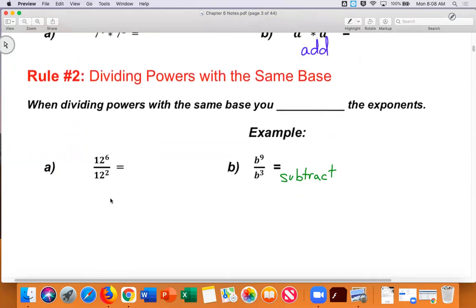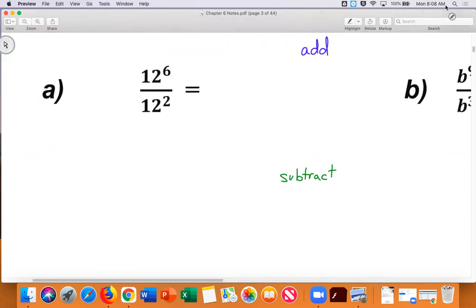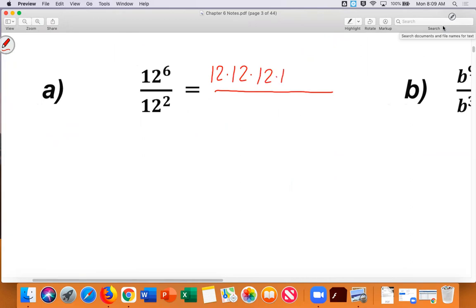So let's look here at A. Let's look into seeing why we would subtract. Well, 12 to the 6th means I have 1, 2, 3, 4, 5, 6 12s on top, right? And 12 to the 2nd means I have 2 12s on bottom.